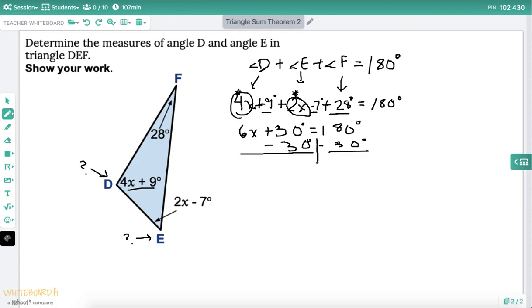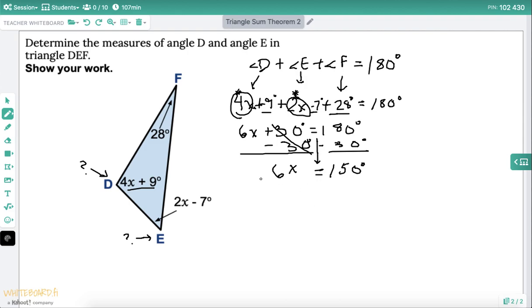And the equal sign comes down. Remember, that's what I just said. We have to keep the balance. So on this side, 180 minus 30, that's 150. Okay, and I can cross out 30 minus 30 because that subtracts itself out. And we are left with 6x on that side.